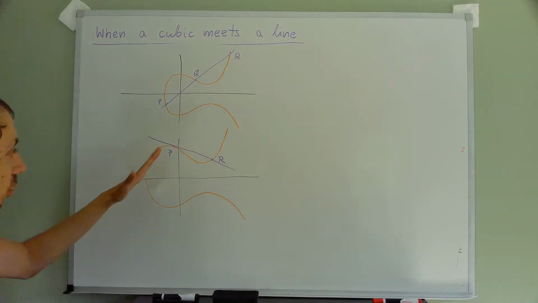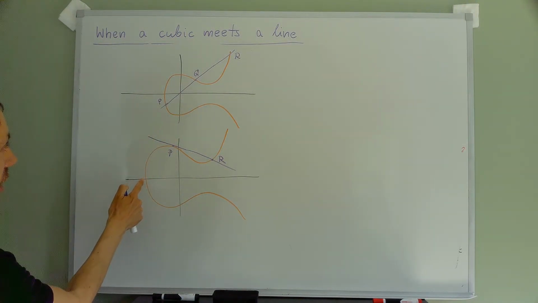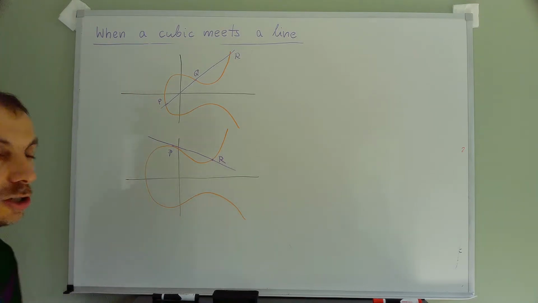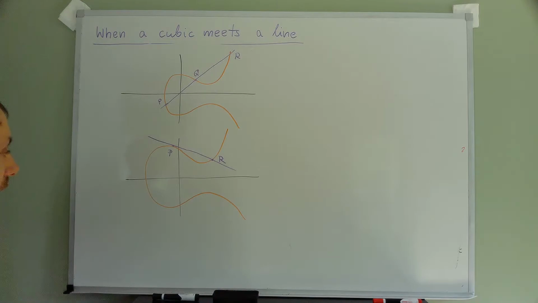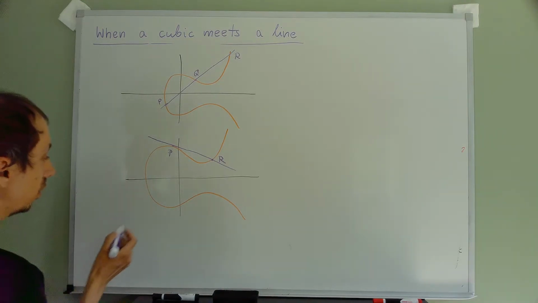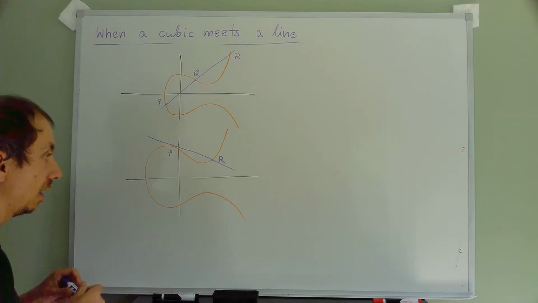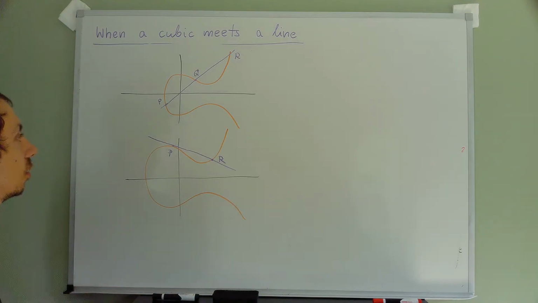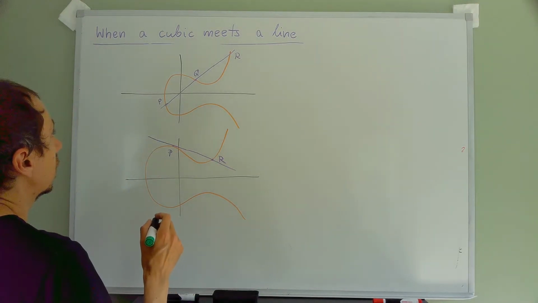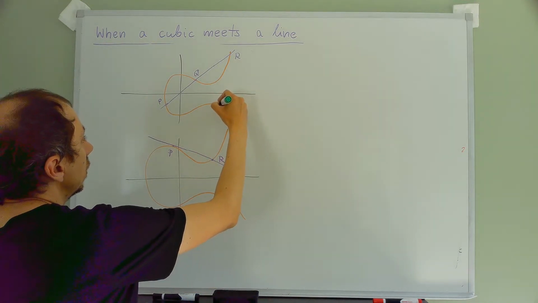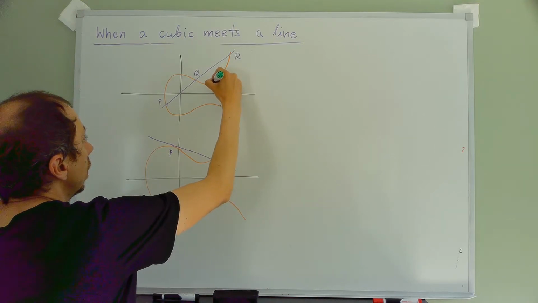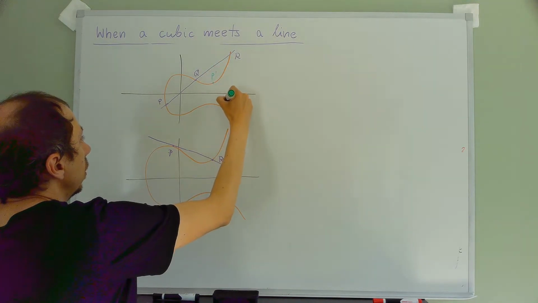No matter where you take this P, well, unless you take it here so that the tangent line is vertical. Okay, let me leave this case at the end. But no matter where else you take it, as long as you keep the line on the same side, you are going to find another point of intersection. So let's see, I take this point and that point, P prime, Q prime.